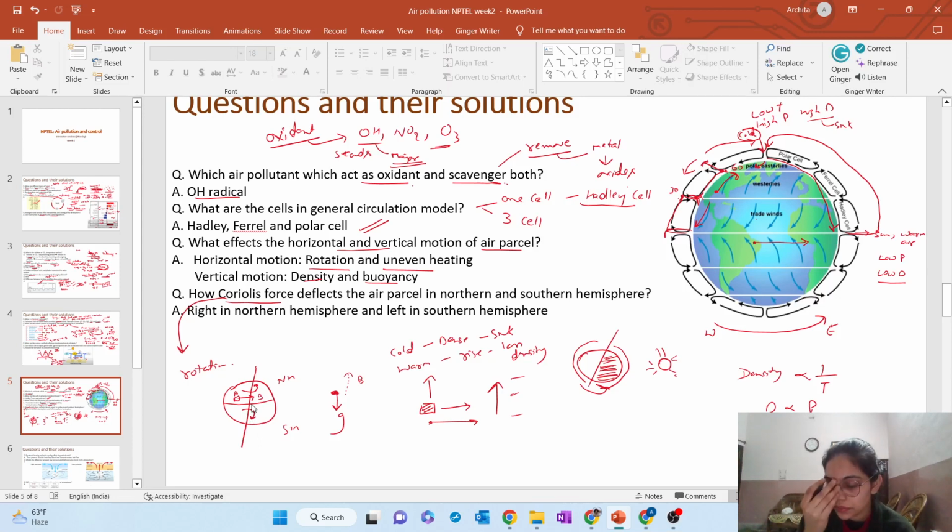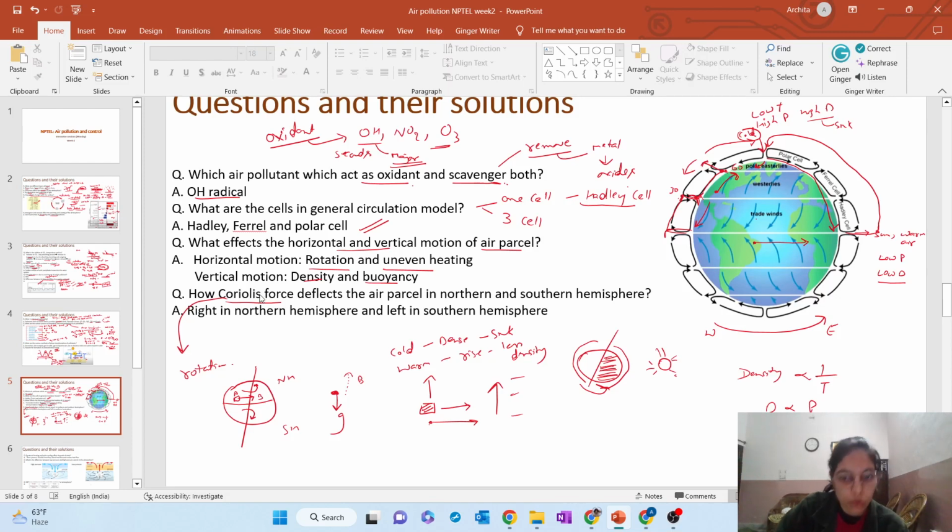Now, how you can say this is if you know the thumb rule. If you apply the thumb rule, you can see that the vector is in the right direction in the northern hemisphere, and the vector in the southern hemisphere is towards the left.